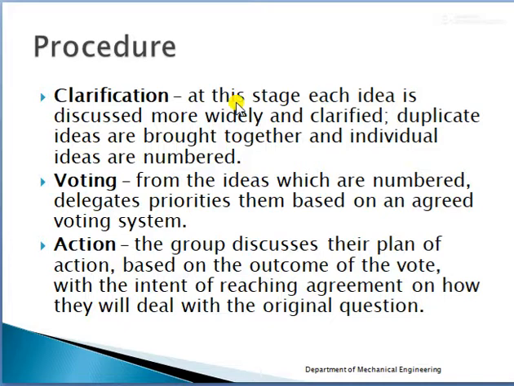Then each member of the team uses another piece of paper to rank the problems from least important to the most important. The rankings are given a numerical value starting at 1 for the least important and continuing to the most important. Points for each problem are totaled and the item with the highest number of points is considered to be the most important.